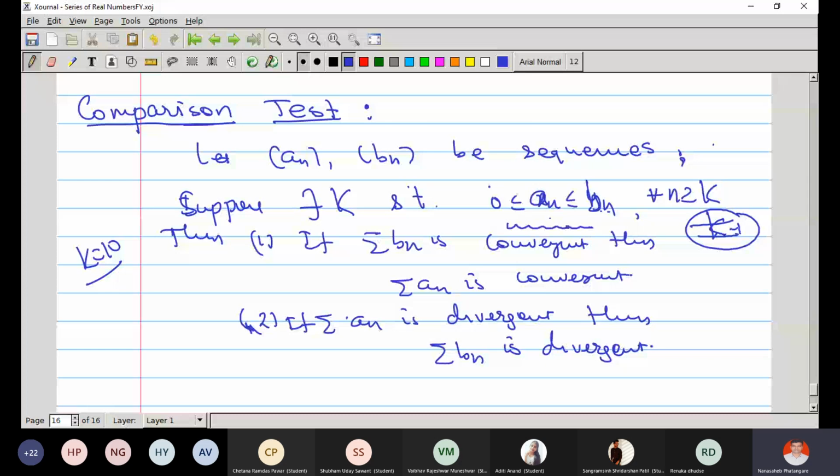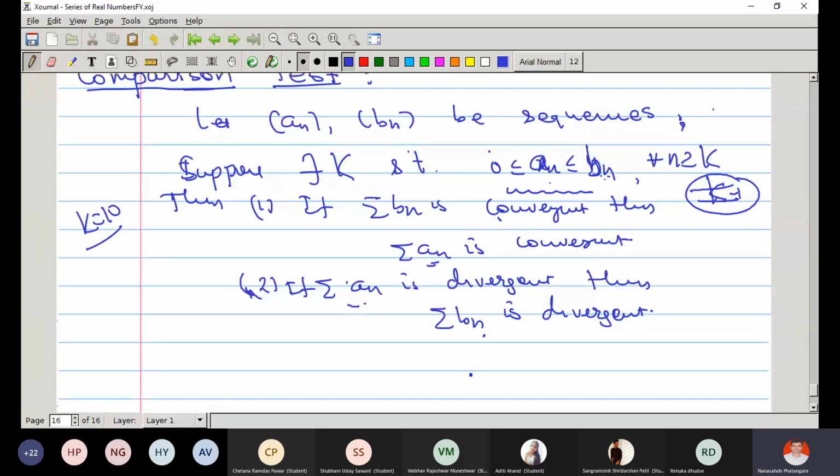After k, infinitely many terms satisfy it. Therefore, series b n is a bigger series. And if the bigger sum is finite, then certainly the smaller sum will be finite. That means a n is convergent, a n being the smaller sum and b n the larger. So if the smaller sum is infinite, then the bigger sum is also infinite. That is what the comparison means.